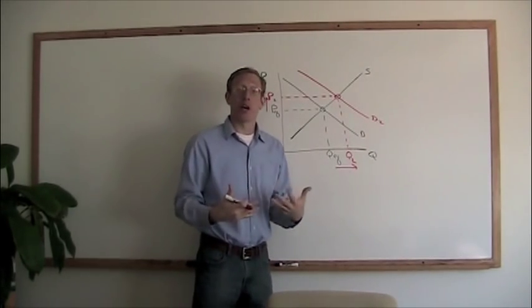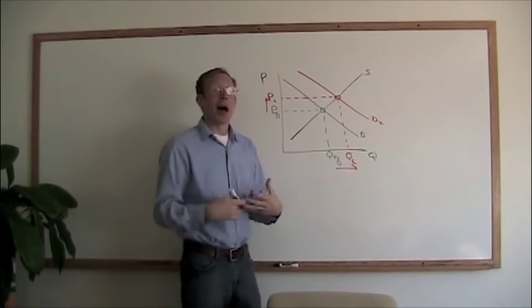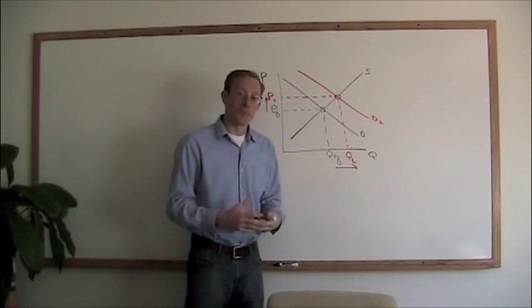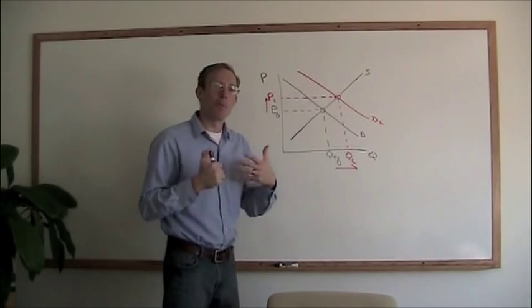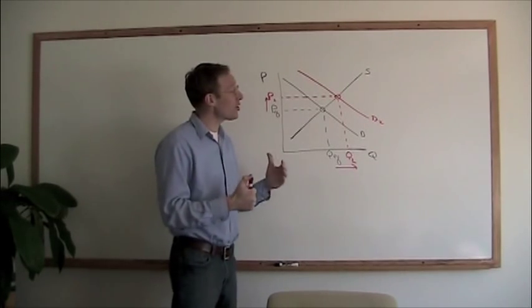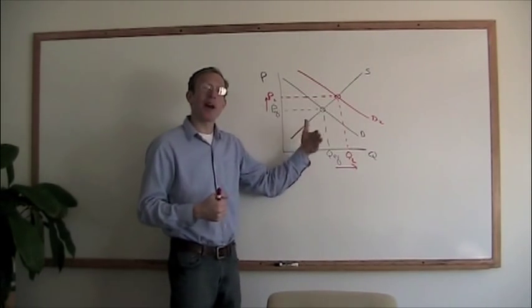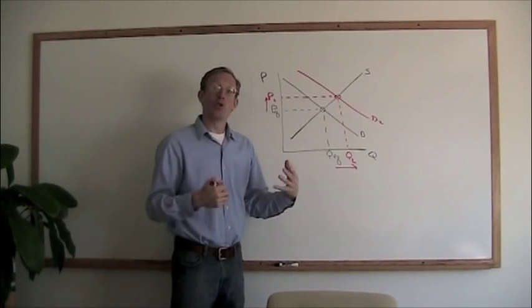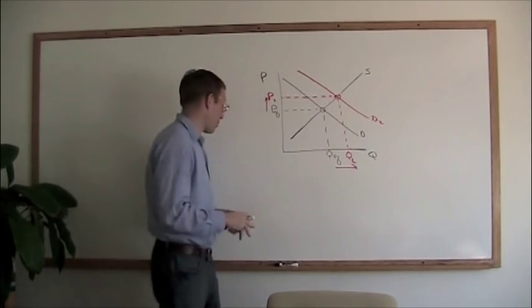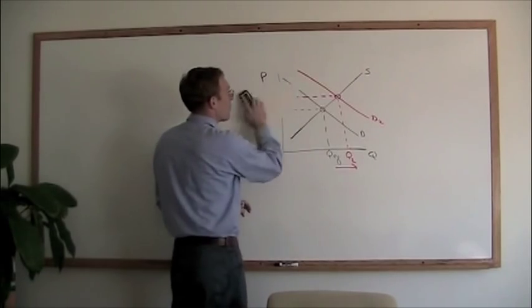Now, this is something that we cover in principles all the time. However, when we get to the intermediate level, we tend to use a little bit more math in our analysis. So let's take a look at a situation where we're trying to find an equilibrium using some basic math. We'll get rid of our graphs here.